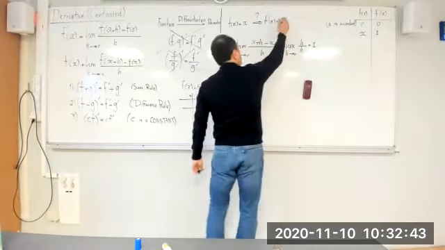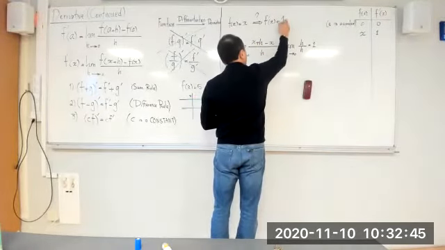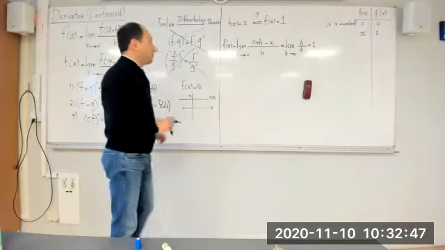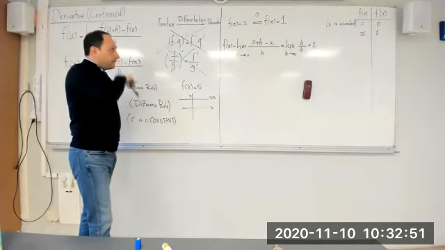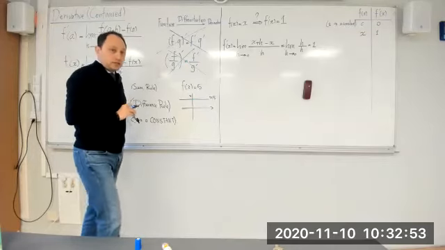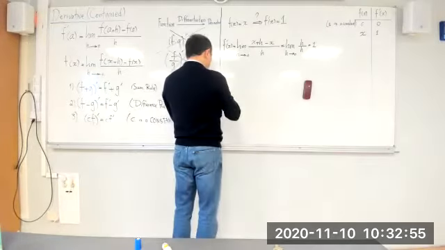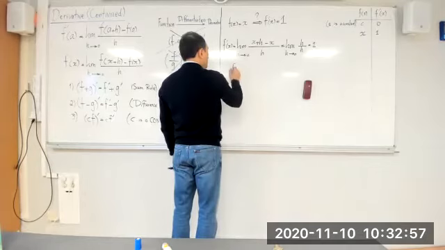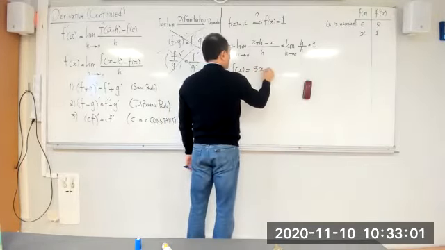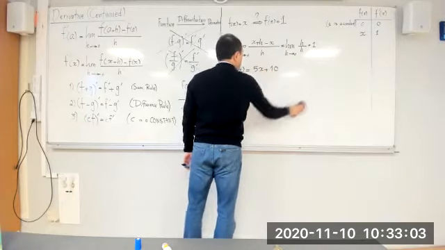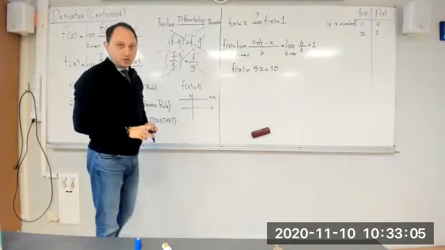So the answer to this now becomes clear. This becomes 1. But of course, we can now do better. If I right now ask you what is the derivative of the function 5x plus 10, you can immediately answer this question.